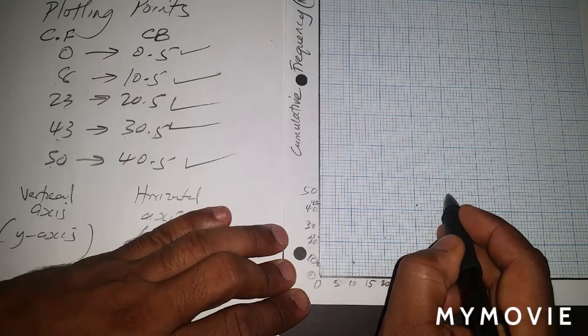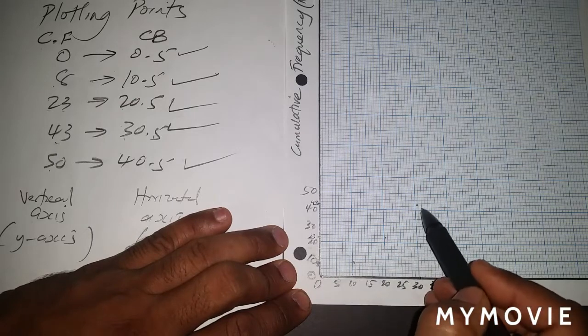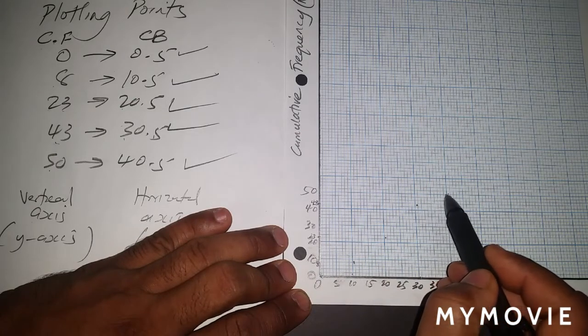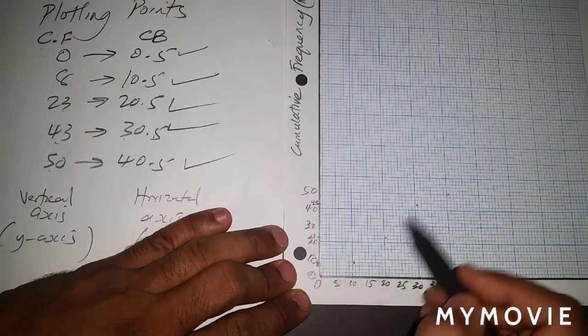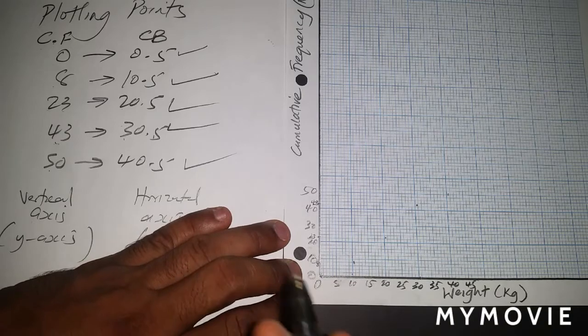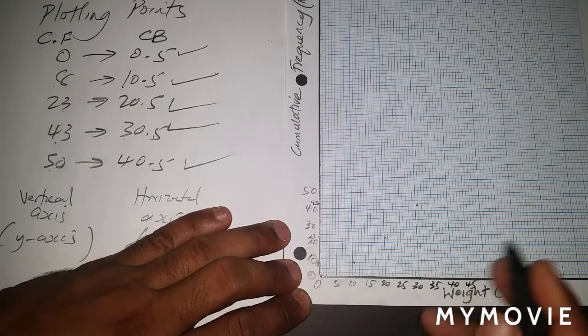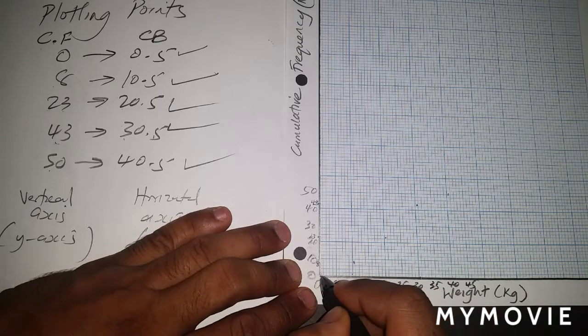So I'm just going to go up to 50, which is right here. And that would be your cumulative frequency curve. Now notice that when it comes up, there's a little curve here to end at the top. So that is synonymous with a cumulative frequency curve. So I'm just going to do that. Again, I'm just going to use a pen to do that so it stands out a little bit. But you should use pencil all the time when you're drawing graphs.